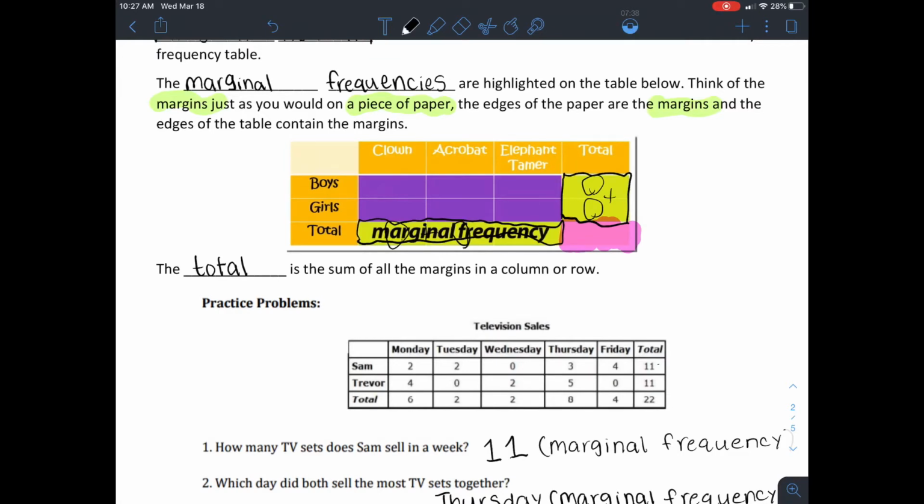So you can add your margins together to get your total, or you can add all of your joint frequencies together, and that should also give you your total. All right? So let's look at some practice problems that we have down here, okay?